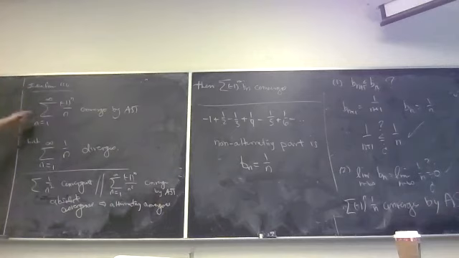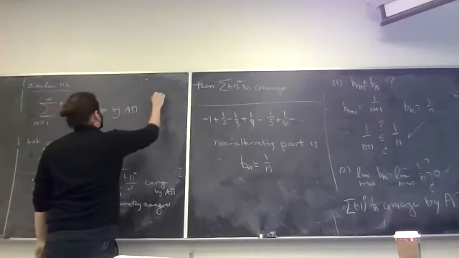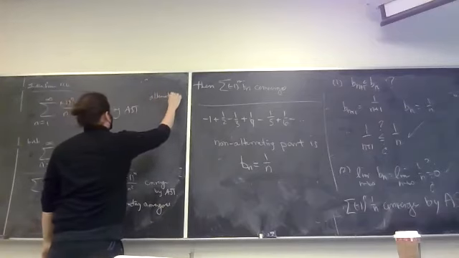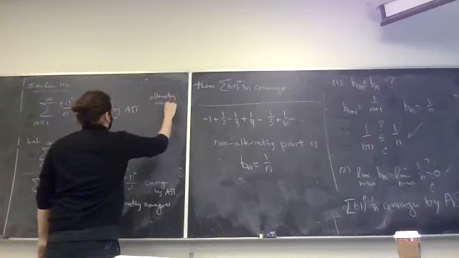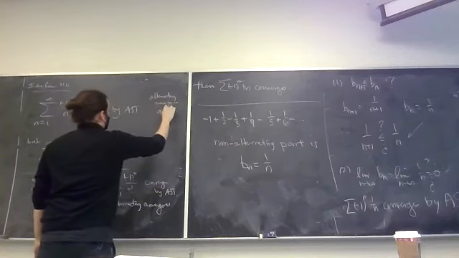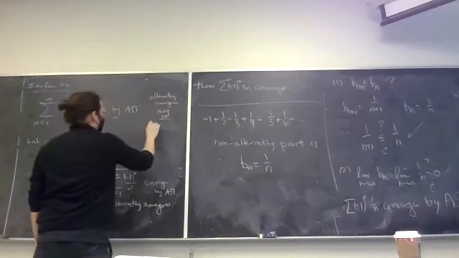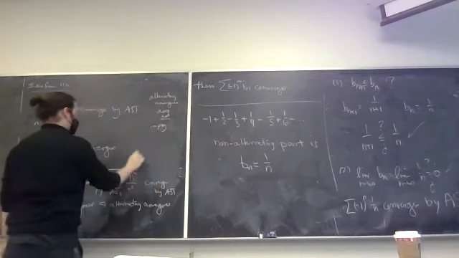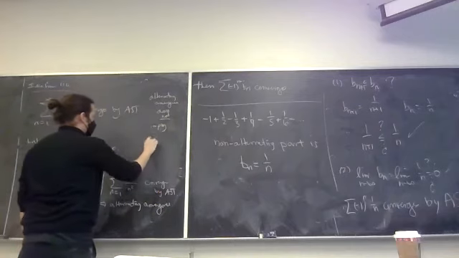But alternating convergence does not imply absolute convergence. Just because it adds up when they alternate does not mean it adds up when you take the positive parts or the absolute values. Alternating convergence does not imply absolute convergence.